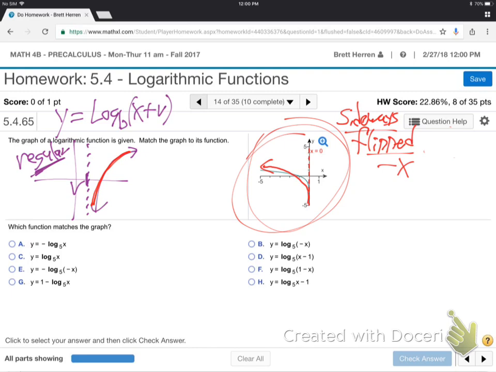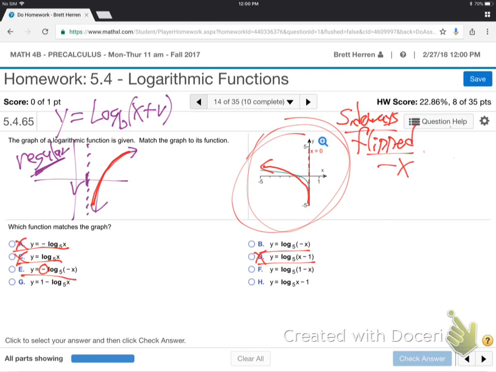So can it be A, for example? No. Doesn't have negative on x. Can it be B? B is possible. Can it be C? No negative on x. Can it be D? No negative on x. Can it be E? It's also got a negative in the front. Is that okay? No, that would be a vertical flip.